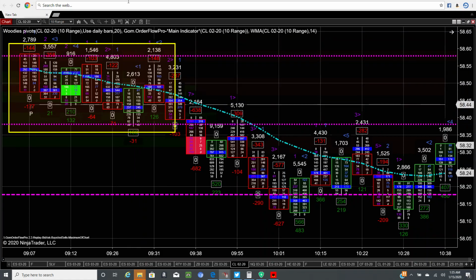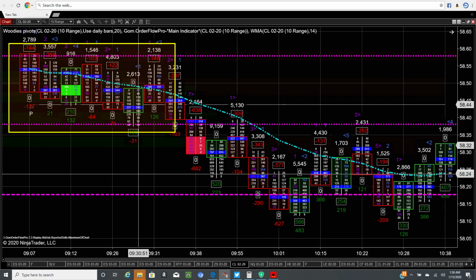And all those are the range of everything that went on inside this yellow box. So 20 cents. So I take the range of those two purple lines and I bring it down here, subtracted from this line here. So another 20 cents lower.